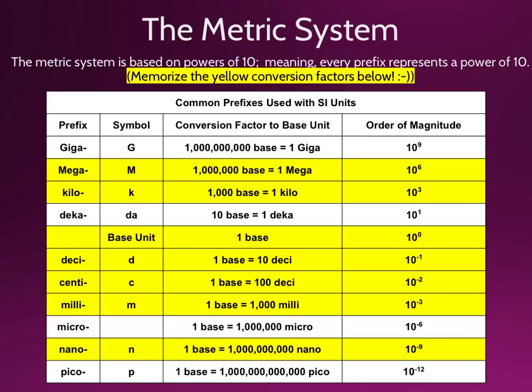We'll often ask you to go from meters to kilometers or from milliliters to liters, things like that. For general chemistry, you do not need to have nano and mega. For honors chemistry, you need all of that.